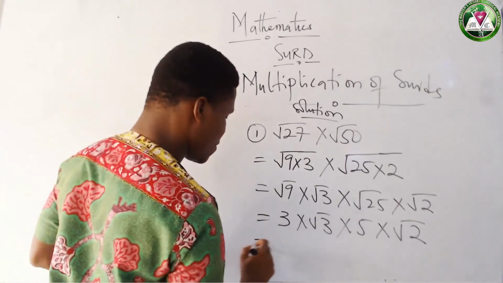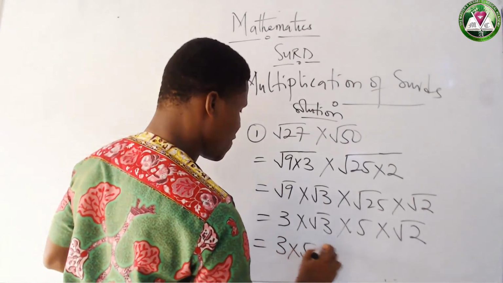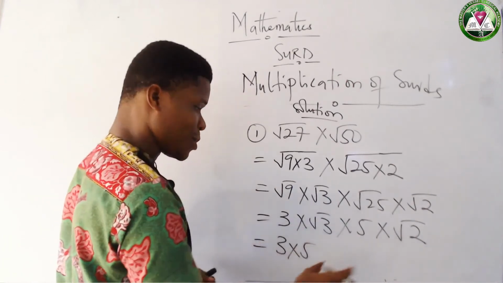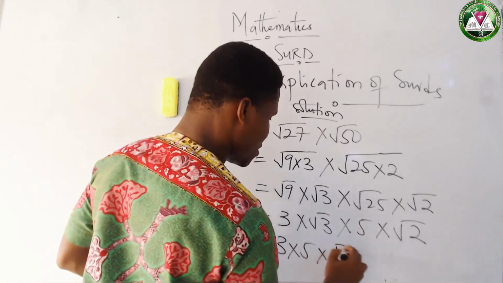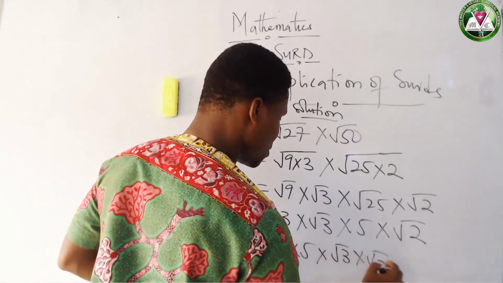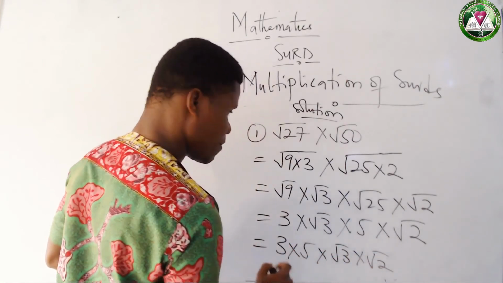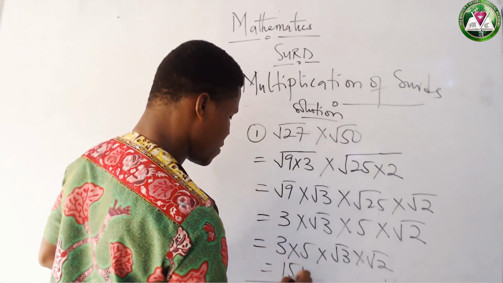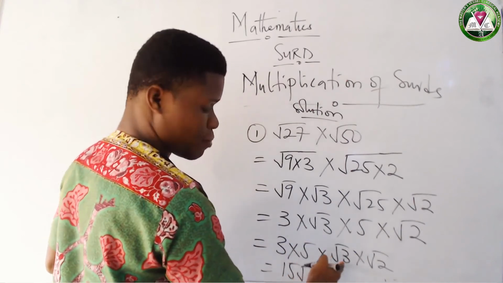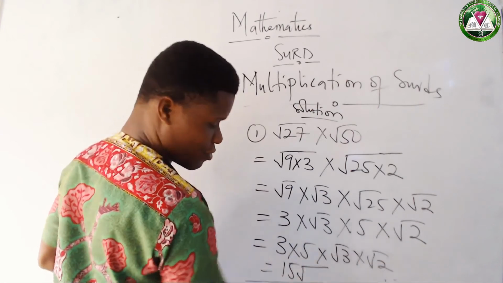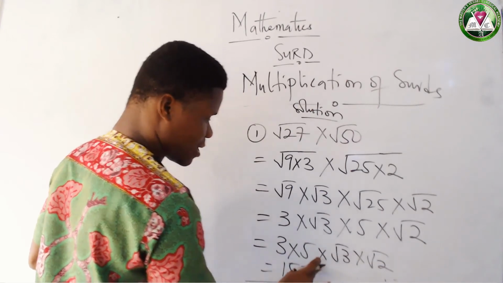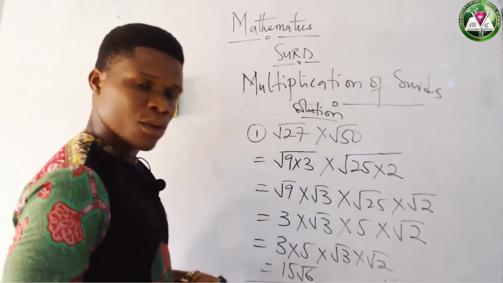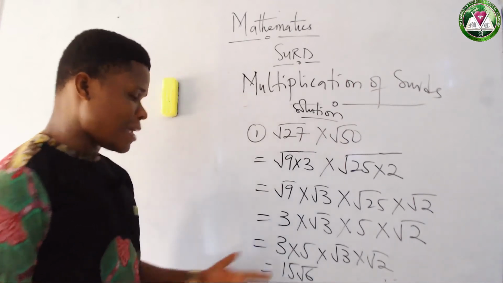This is 3 times 5. I'm just taking whole numbers to whole numbers, root to root, times root 3 times root 2. This will give us 3 times 5 is 15. Root. Put this one and this one into one root. 3 times 2 is 6. So the answer is 15 root 6. So that's the answer to this multiplication.